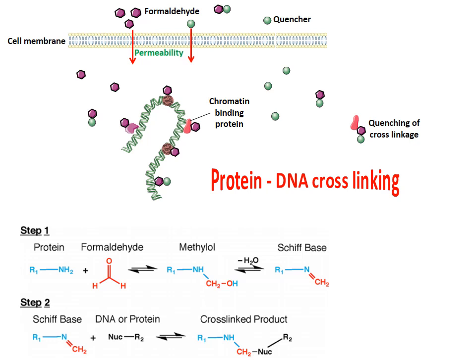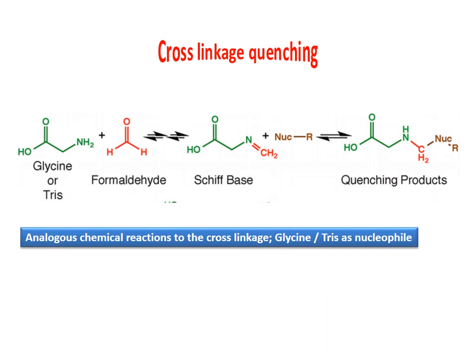That's how it quenches or stops the formation of protein DNA cross-linking, and it is used as the sink for the unreacted formaldehydes. So as I said, the quenchers may be glycine or Tris, and it works in a similar way as the protein reacts with the formaldehyde. It also forms Schiff's base, and the quenching product is formed between the quenchers and DNA. So there is cross-linking between quenchers and the DNA.